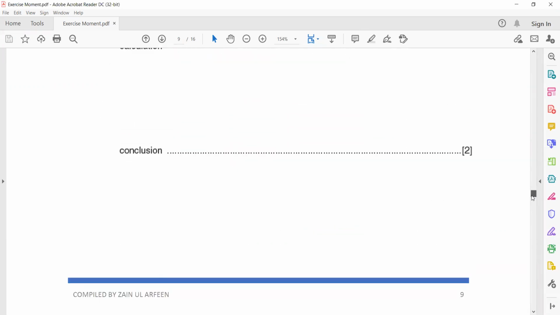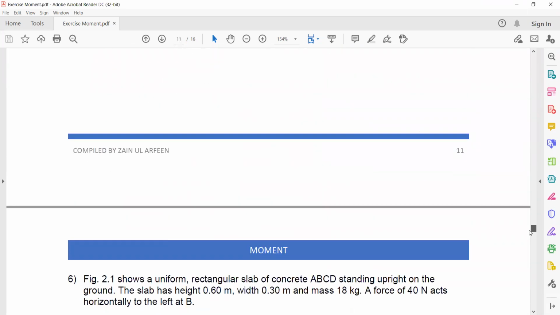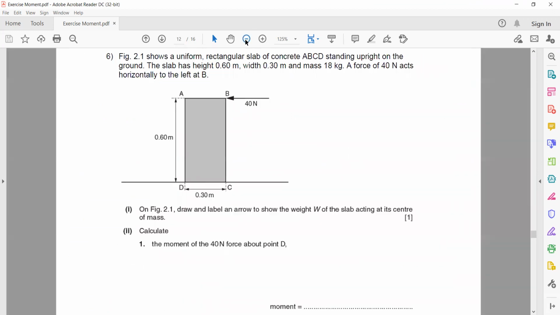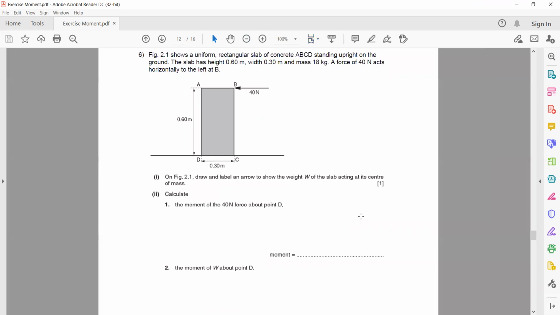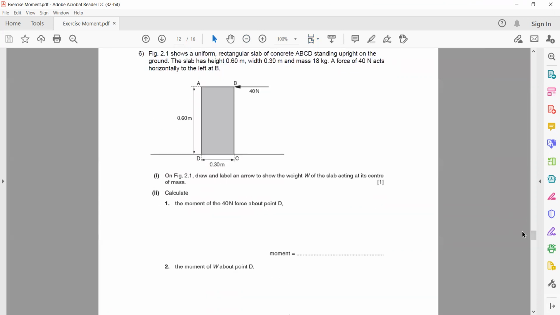Moving on to another question, a similar question. This is similar to what we discussed in the previous one about the elephant. In this question, figure 2.1 shows a uniform regular slab ABCD.